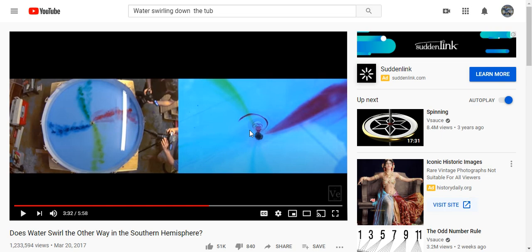But I just want to show you the spiral arms, going one way in the southern hemisphere, the other way in the northern hemisphere, done in these kiddie pools. Well, these spiral arms form the very second that he pulls the plug, and of course he's got the food coloring in there to show you. These spiral arms immediately begin to form.